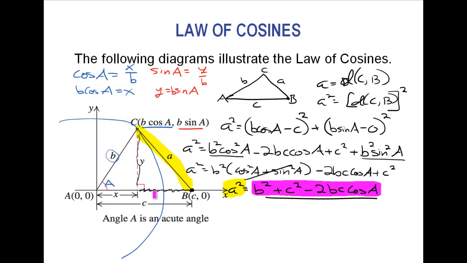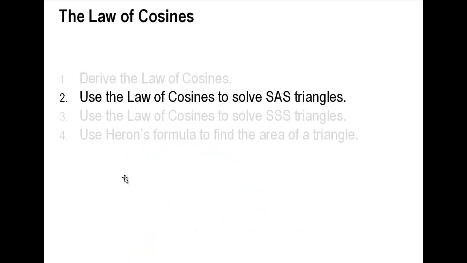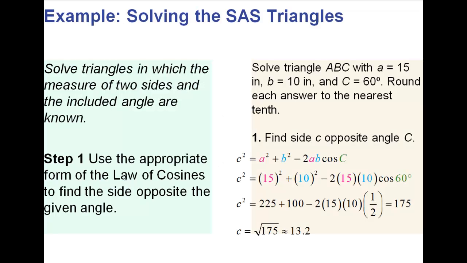So all we need to know is this distance and this angle. So if we have side, angle, side, we can get everything else. So we use the law of cosines whenever we have side, angle, side, SAS. Which brings us to our next thing, when to use it: when we have SAS.